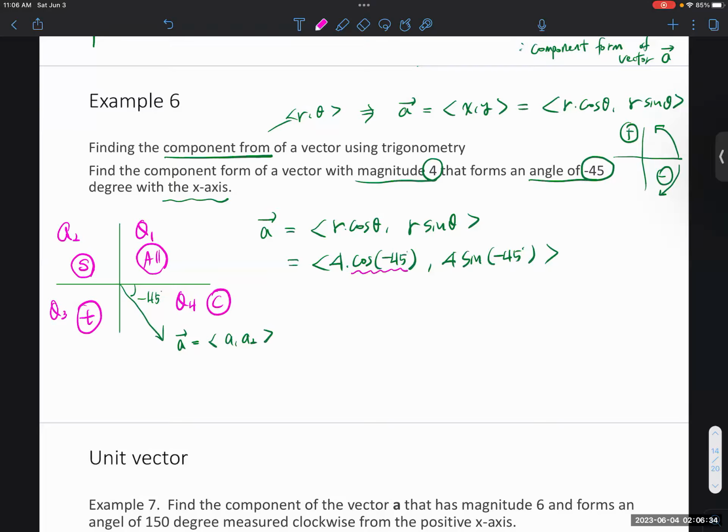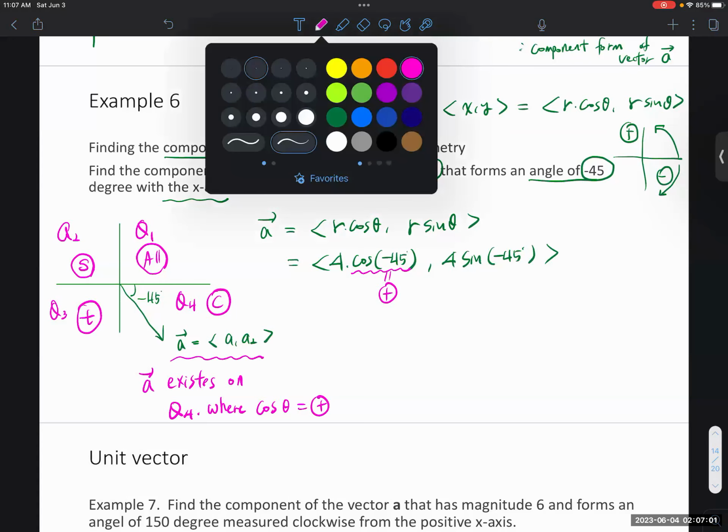So no matter what, the cosine outcome is going to be positive because this vector A exists on quadrant 4, where cosine, whatever the angle, is positive, right?